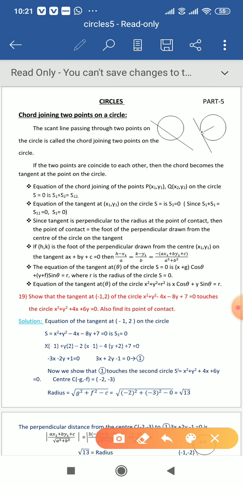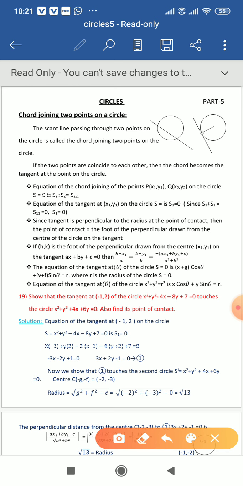Next, the equation of the tangent at a point x1, y1. The equation of the tangent at a point theta. Next is the chord of contact, pole and polar of a circle.